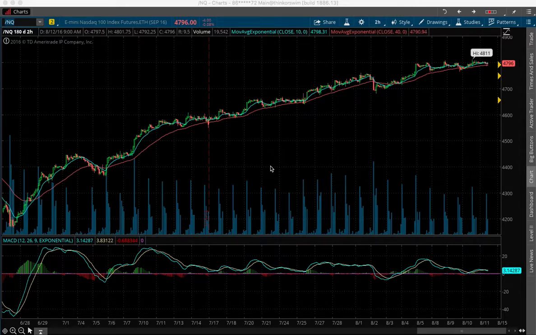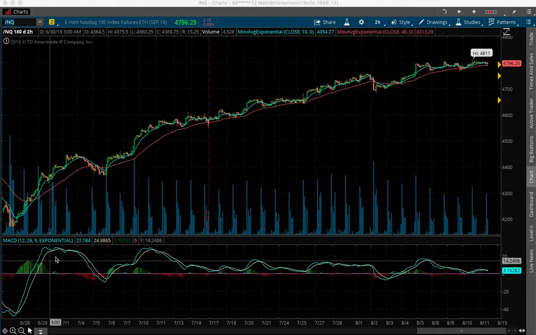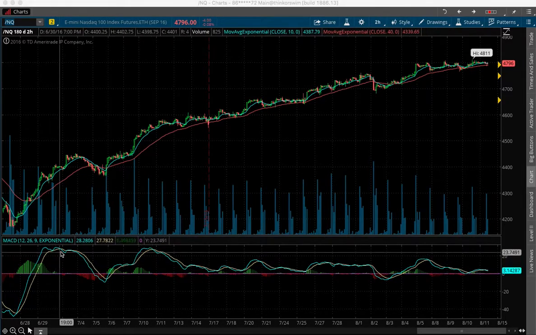For example, there is a common trading system that says I want to trade a MACD crossover. So this is a MACD, moving average convergence divergence. What it tries to look at is moving averages on a number of different time frames.